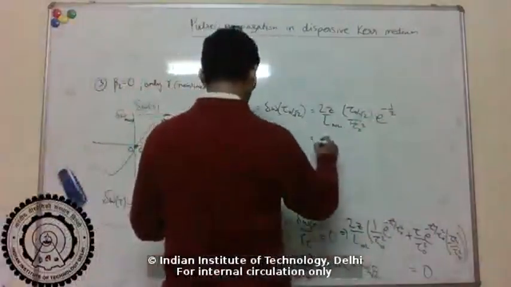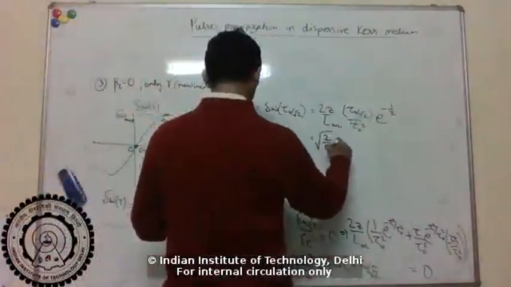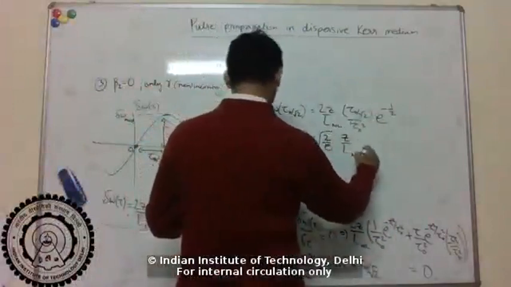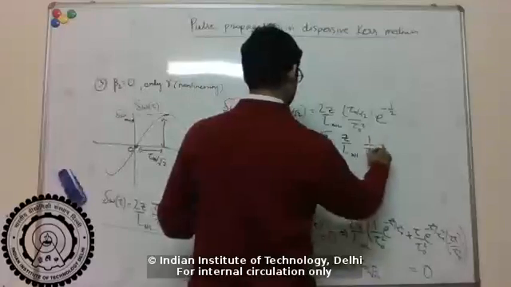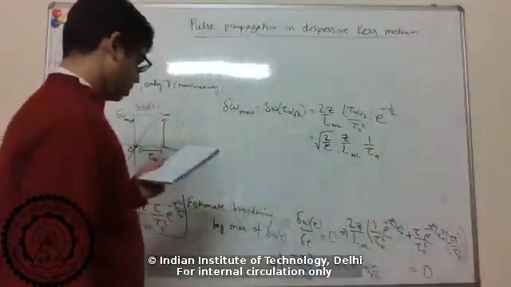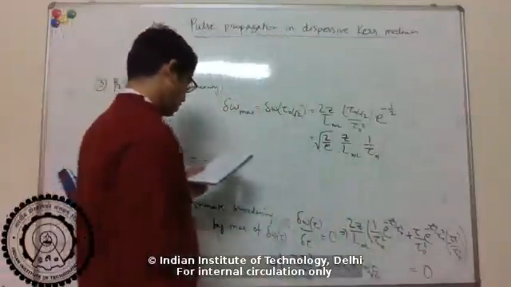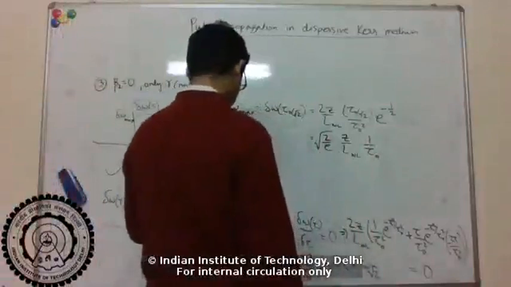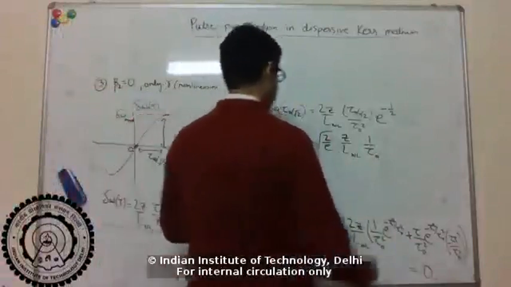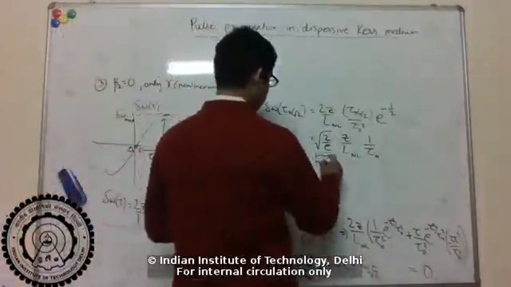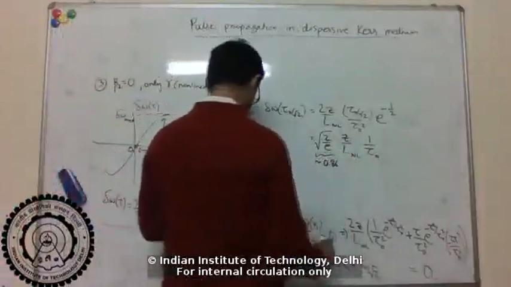So this becomes, okay, and this square root of 2 over e is about 0.86.